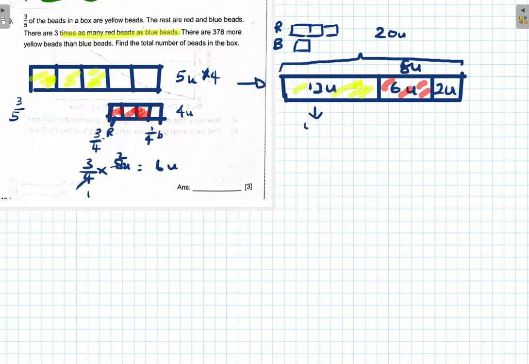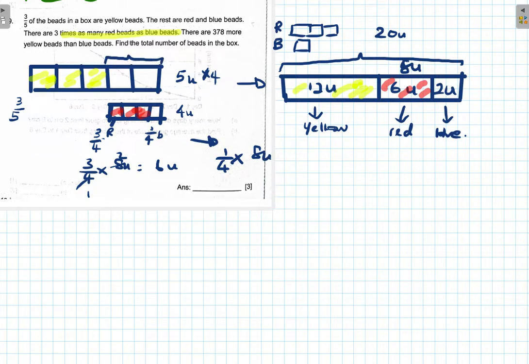So yellow, red, blue. And then you should understand, right? You can also do 1/4 times 8 units, because over here is actually 8 units, right? So that will give you 2 units when you draw into this whole thing here.